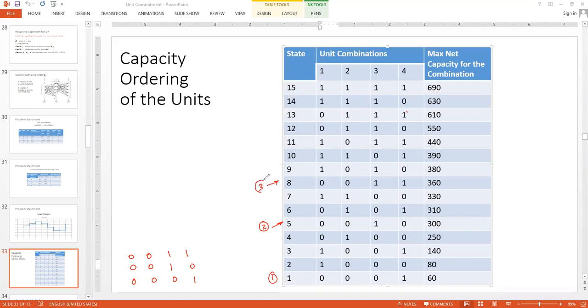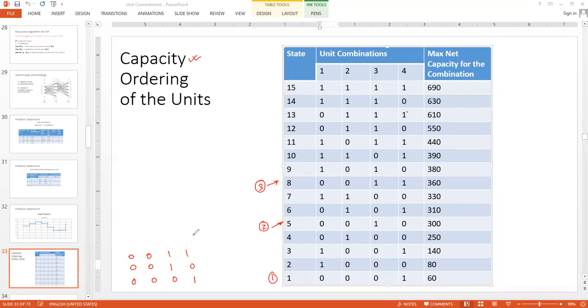So you see all the binary orderings are actually present here, but the binary ordering is not being followed here, because we are not looking for the binary ordering among the units. Rather, we are looking for the capacity ordering. What the capacity ordering means is that you can always go for the binary ordering just to make it easy to start with.